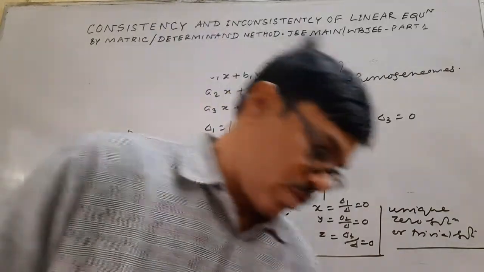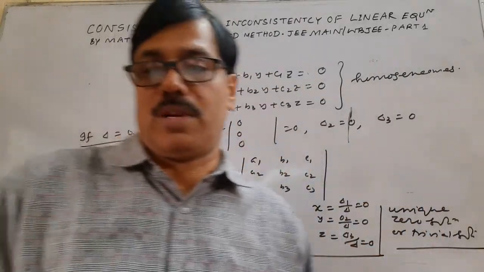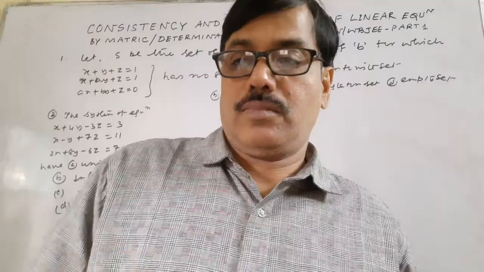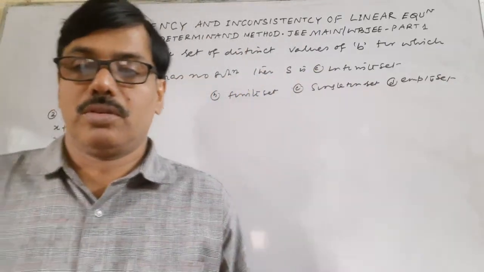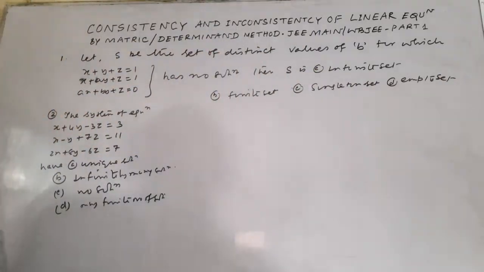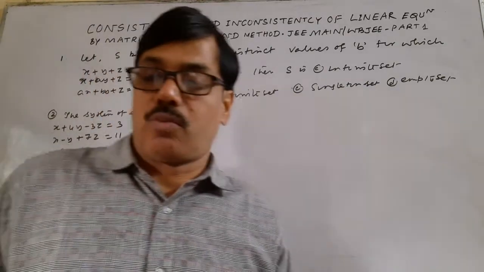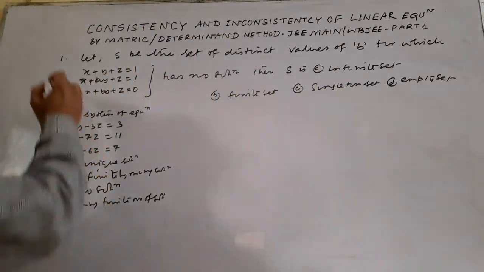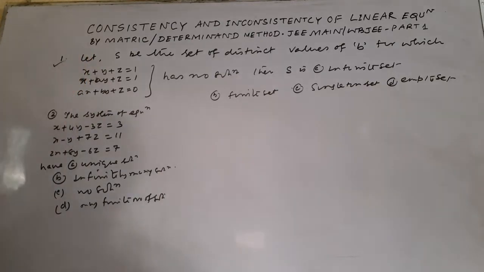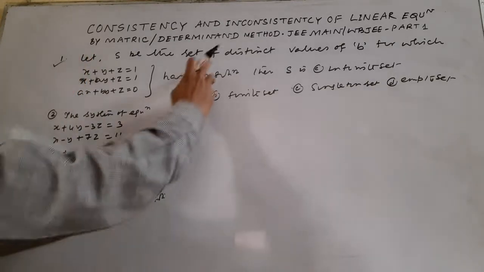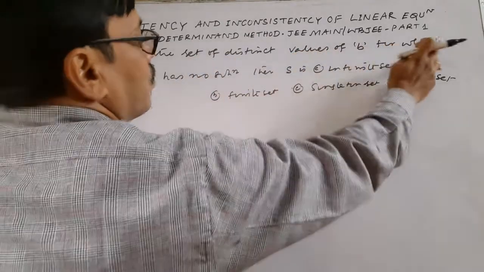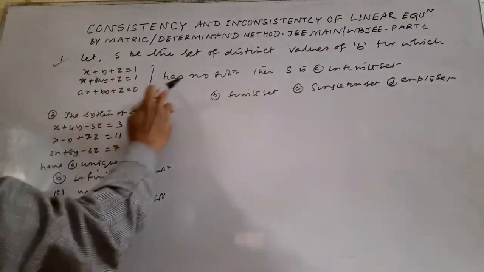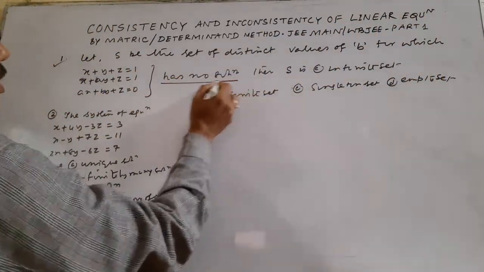So we consider some problems now. We solve some problems using this theory. So problem number 1. Let S be the set of distinct values of B for which the system of equations has no solution.